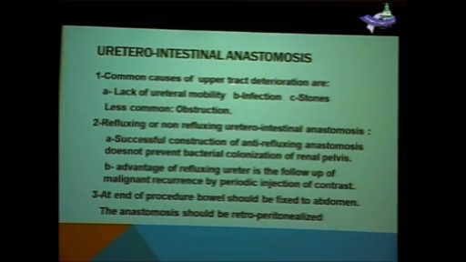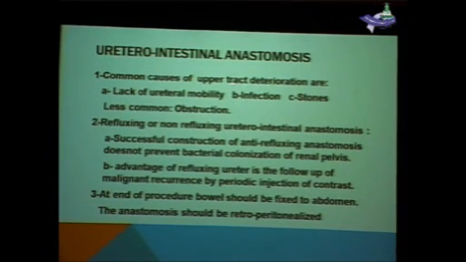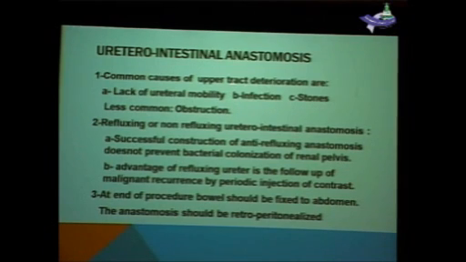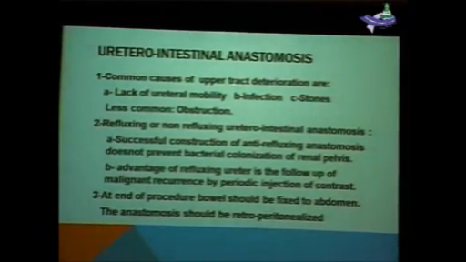So whenever you find any of these things, your indication for surgery started early and will lead into all these things. Do you have to do refluxing or not refluxing? There is a lot of controversy, but most of the authors say it makes no difference, especially in neurogenic bladder.